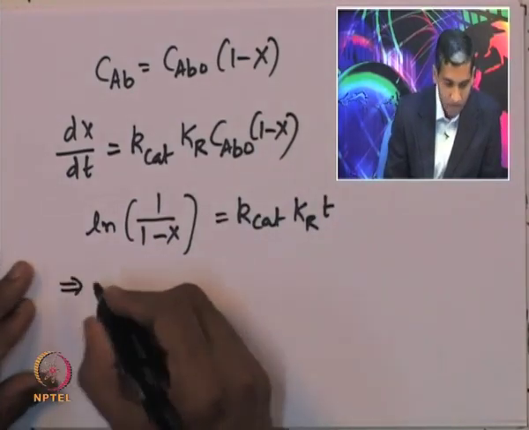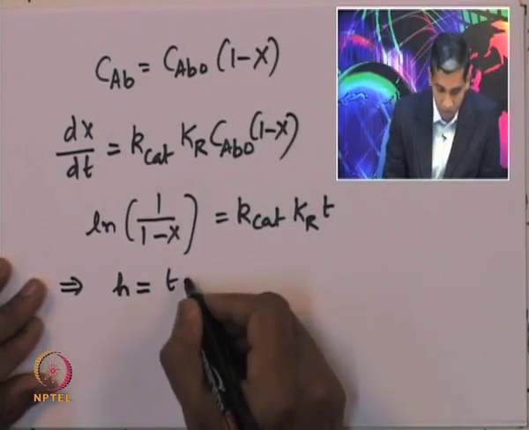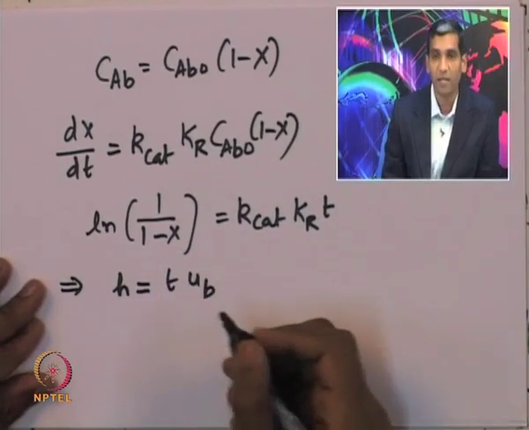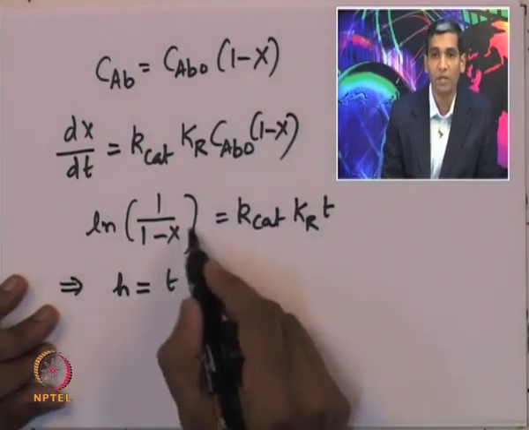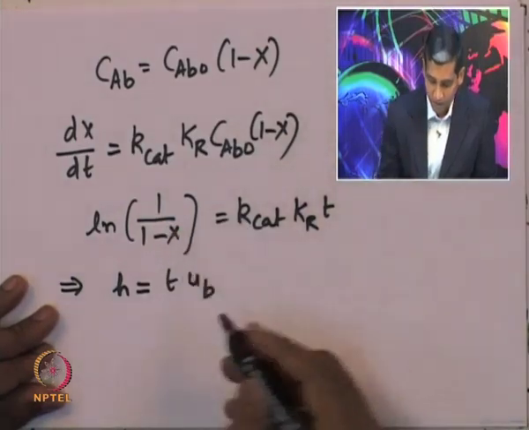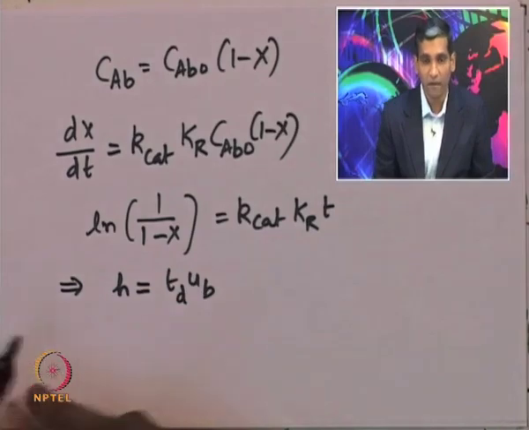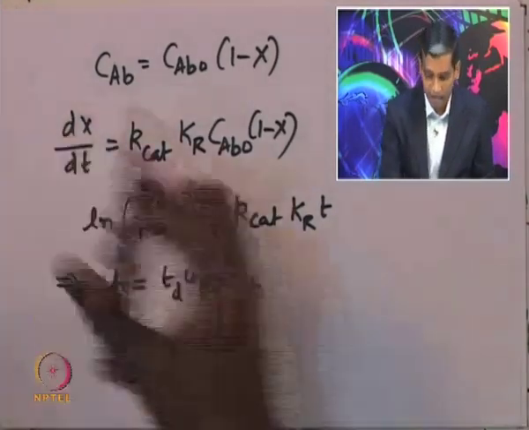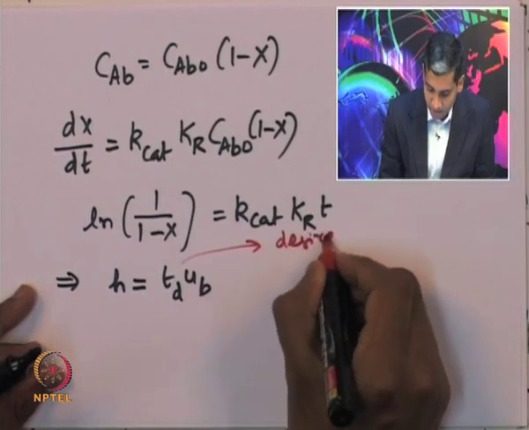From this we can find out what is the overall height that is required. That is equal to t into U_B. Suppose for a desired conversion, t_d is the time that is required from this expression for the desired conversion.